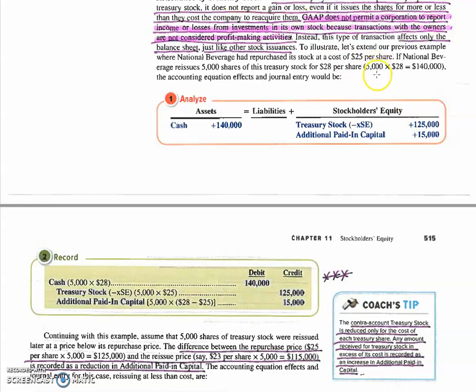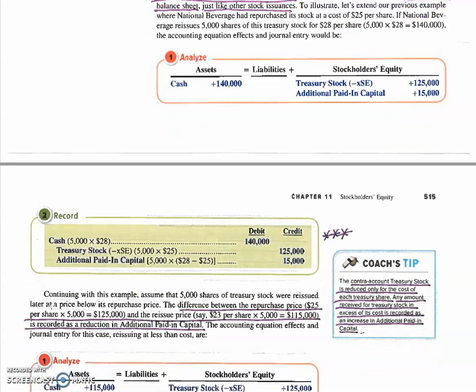So 5,000 shares times $25 per share. Right here, we credit treasury stock. That removes it from treasury stock at the price we paid for it. And then the additional $3 a share on 5,000 shares, or $15,000, is credited to additional paid-in capital. That's additional contributed capital contributed by the owners.